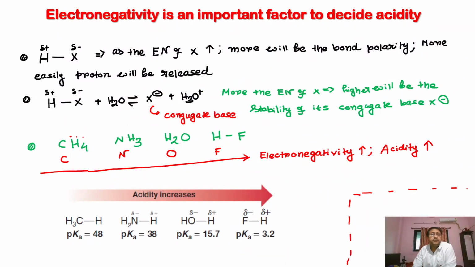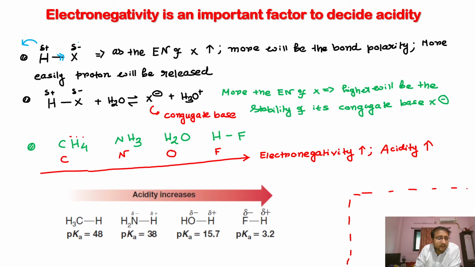Now electronegativity is also a very important factor in deciding the acidity. Why? You can see that in this type of acid HX, this proton has to be donated while it participates in any acid-base reaction. Now if this X has very high electronegativity, then it will draw most of the electrons towards itself.